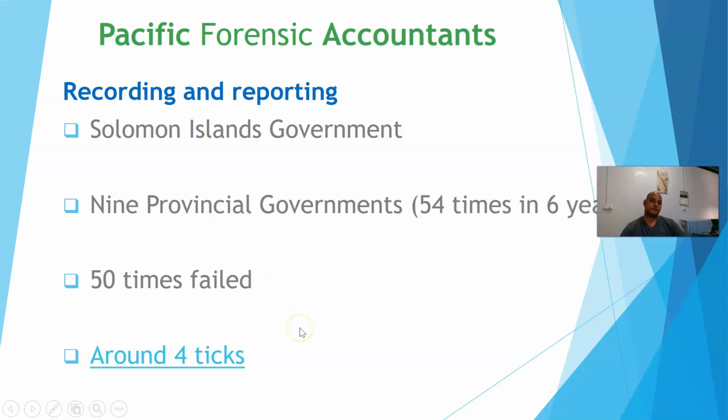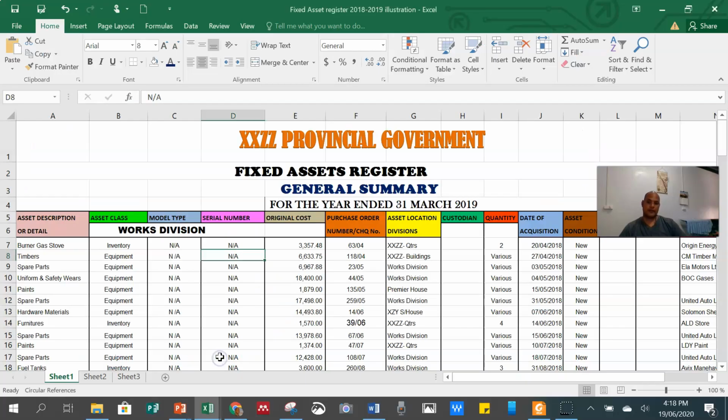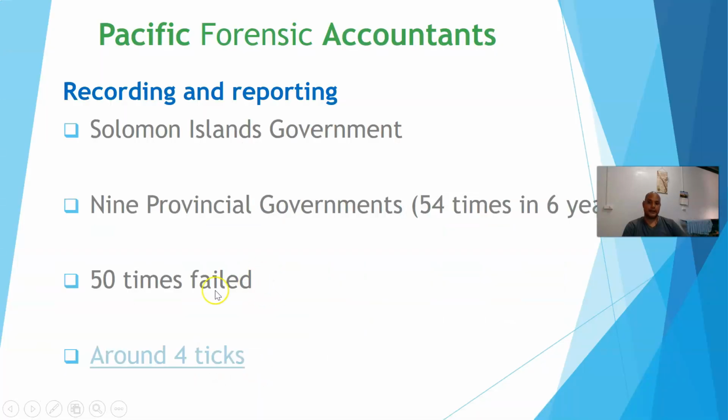So if we go into this fixed asset register, as I said, when I did my consulting oversight with these 9 provinces, for this entire 6 years, only 4 provinces managed to convince me with their fixed asset register.